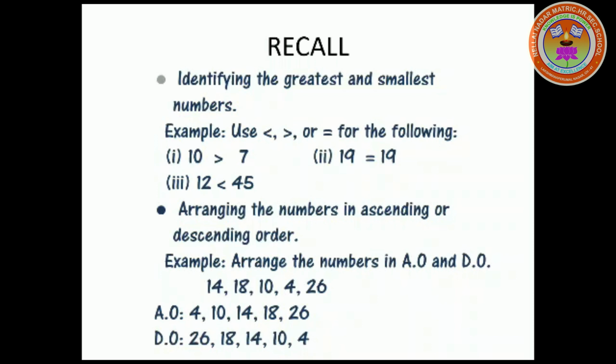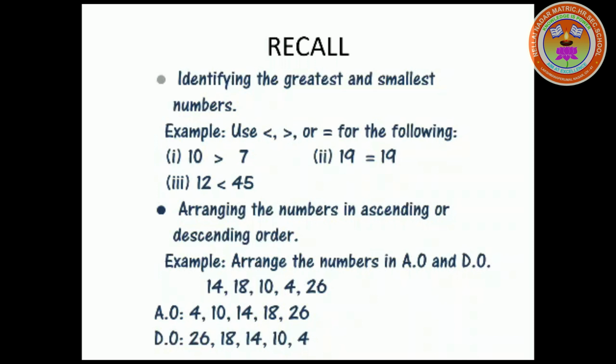First, ascending order is the arrangement of numbers from smallest to biggest. So I have to identify which is the smallest number. Here 4 is the smallest, followed by 10, next 14, after that 18, and the final number is 26.